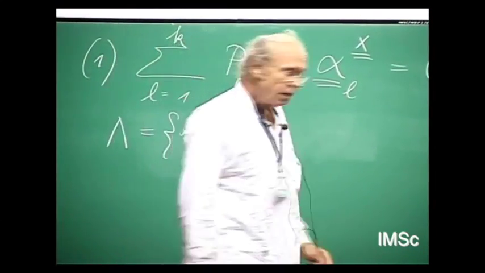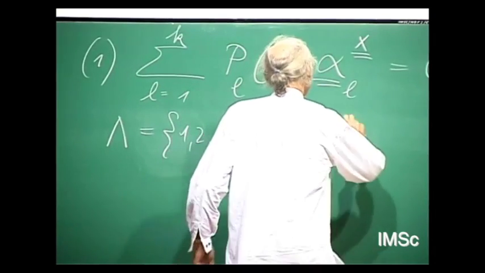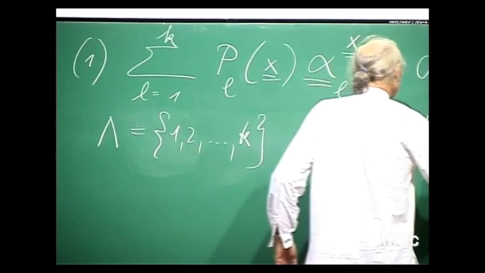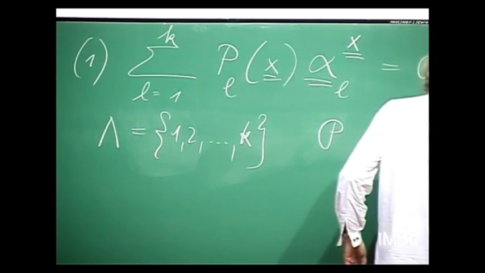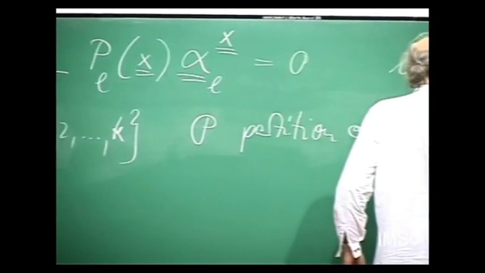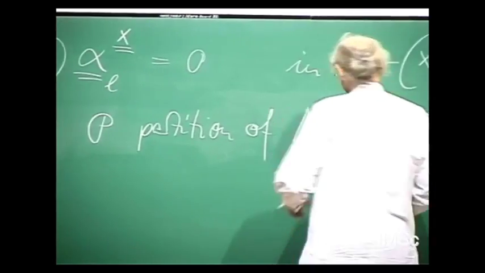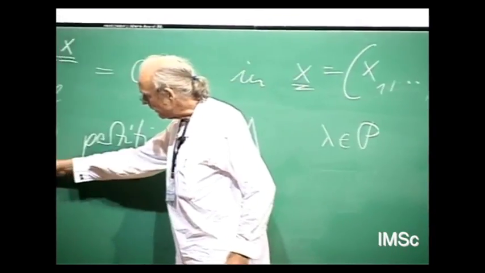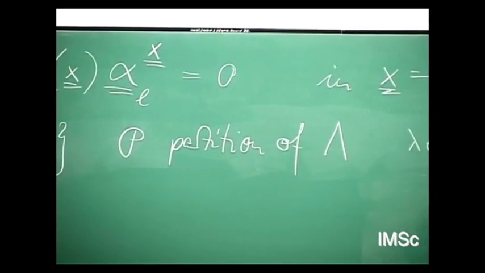And now consider P a partition of Lambda, and we write small lambda for the subsets that make up our partition P.